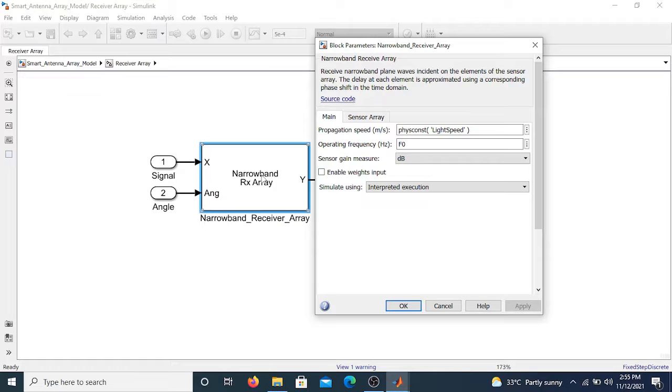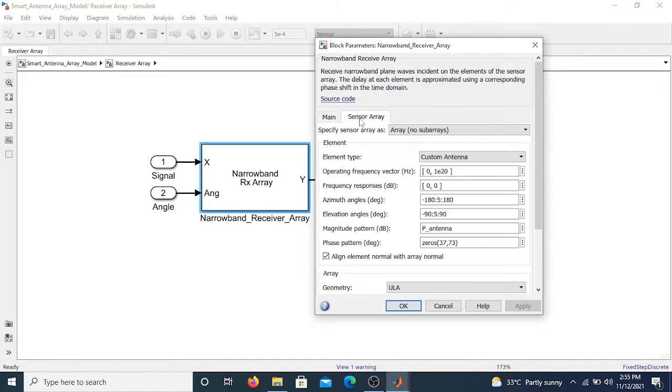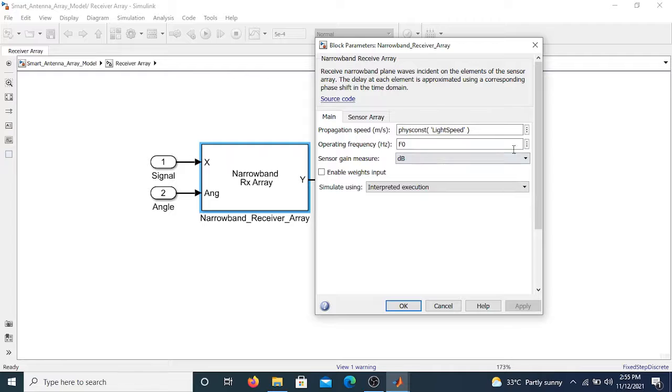Within the narrowband receiver array, this is where the operating frequency of the array is specified, and in this case we are making use of an operating frequency of 5 gigahertz for the antenna.